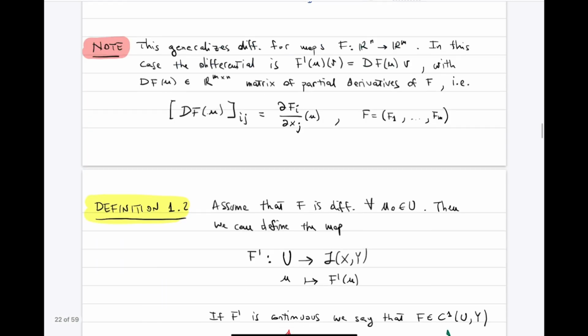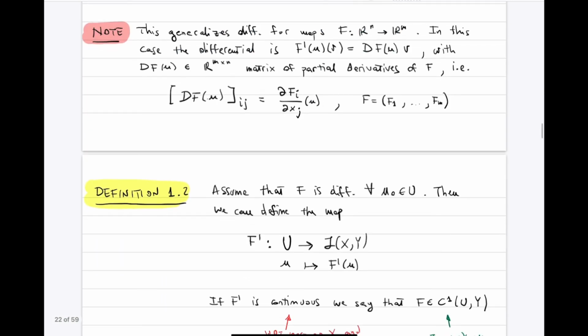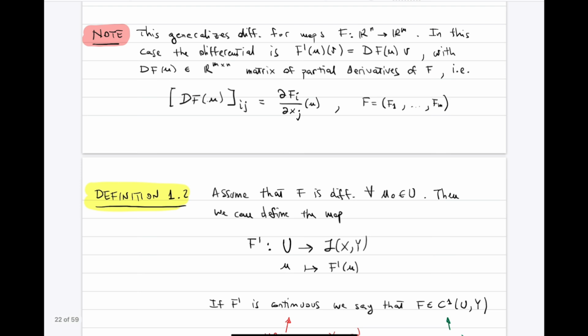Okay, so the first basic remark is that we are not doing something crazy, but this is a natural generalization of the concept of differentiability for Euclidean maps. So for example, take f from Rn into Rm.